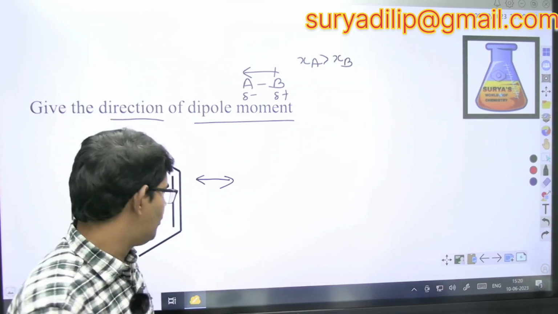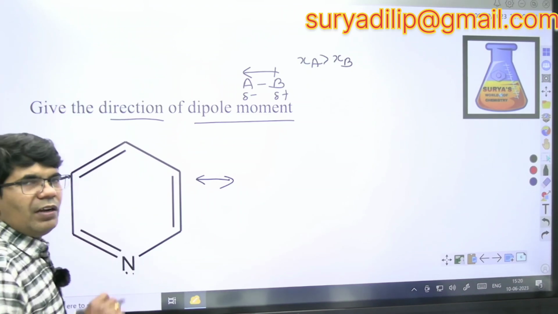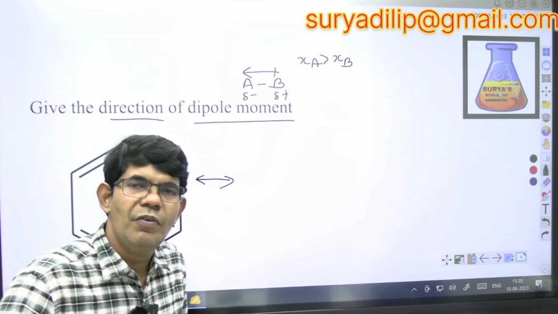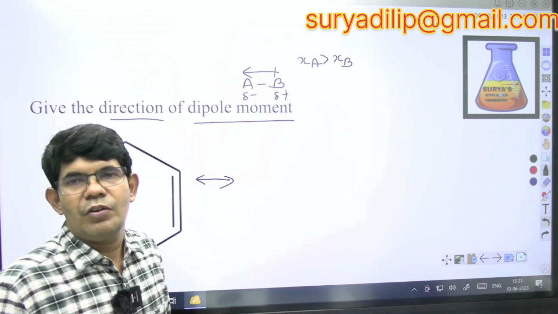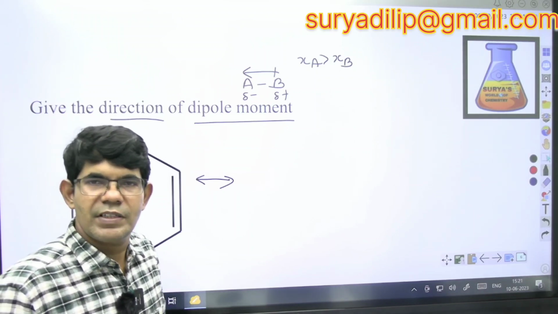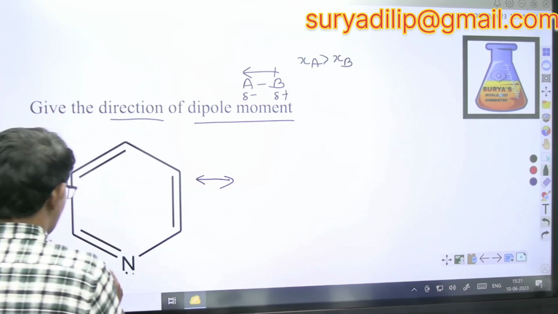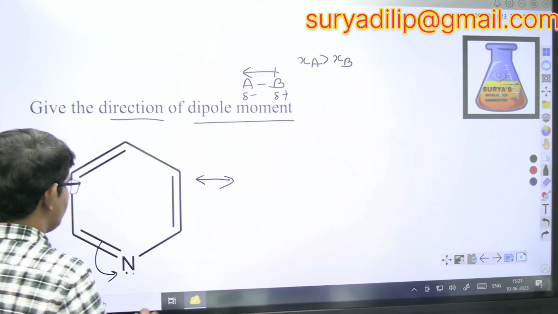The nitrogen atom has already given one p orbital to be involved in resonance, so it can't give one more orbital. Is it clear? So let us try to draw the resonating structure. First the pi bond breaks.